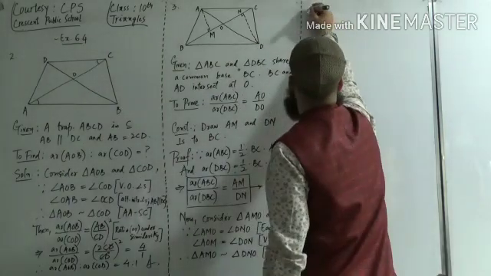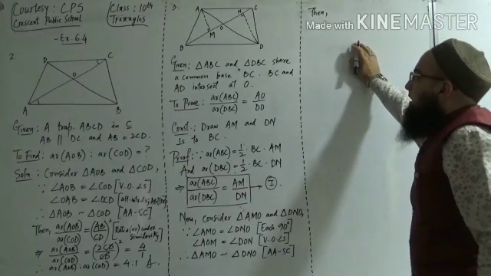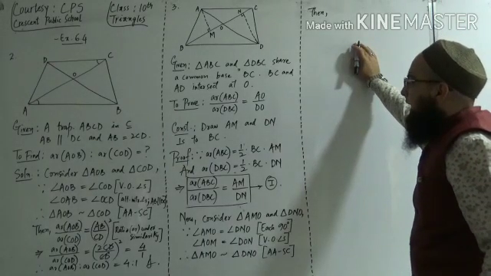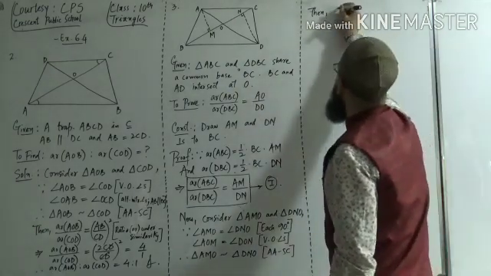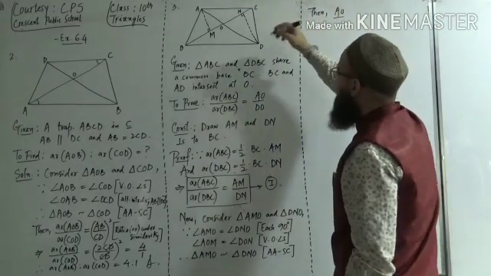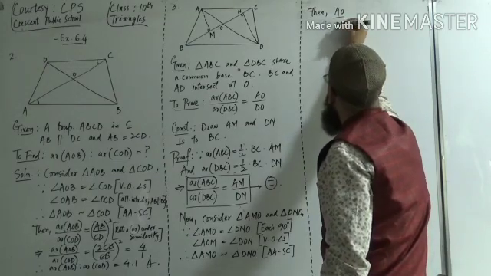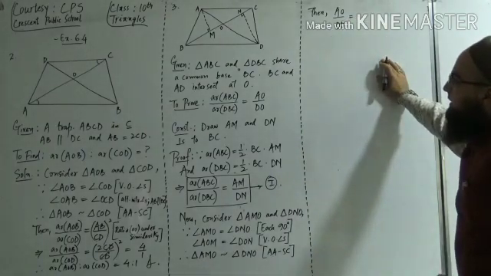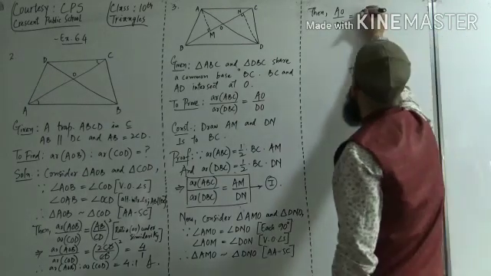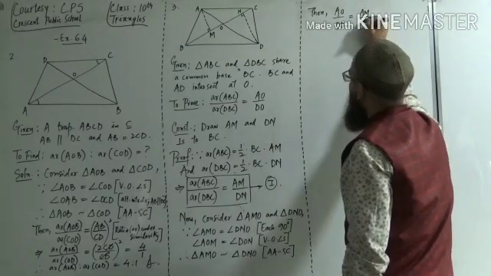Then if triangles are similar, what I can say, take the corresponding sides, AO by DO is nothing but AM by DN.